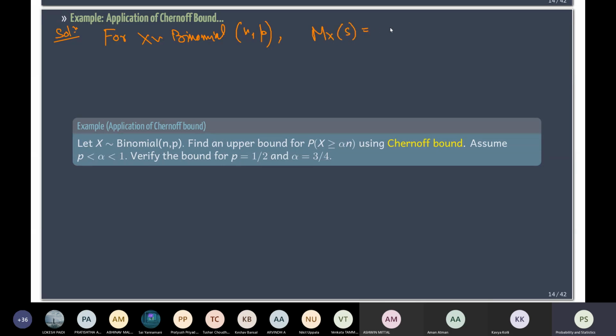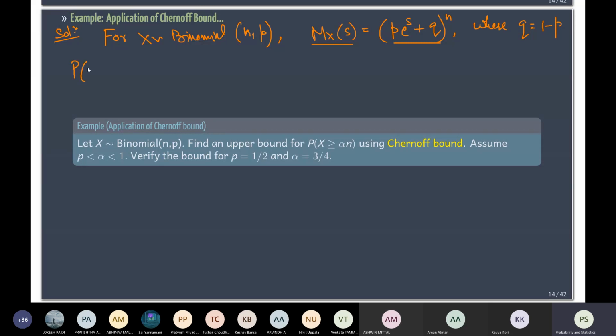The moment generating function of a binomial is given by (p e^s + q)^n, where q is 1 minus p. I just recall this, and in your case you may actually try to prove this explicitly. Now the Chernoff bound: the main thing is to identify the moment generating function of the underlying distribution.